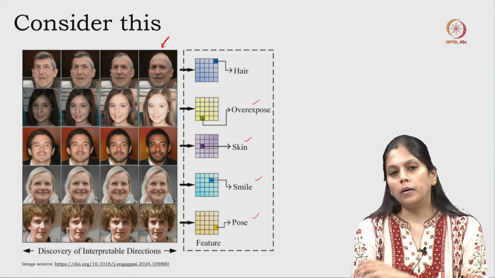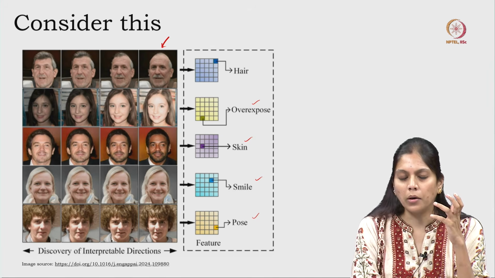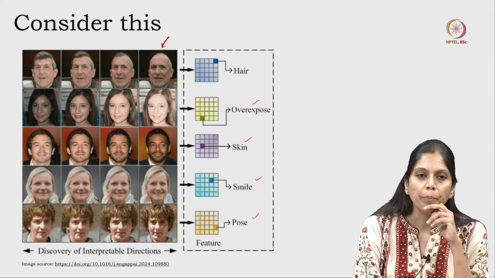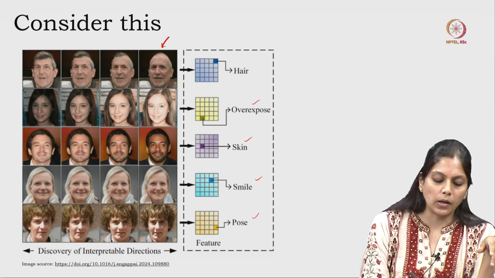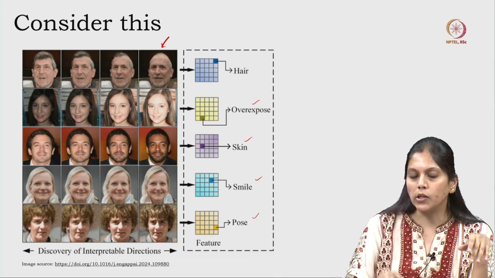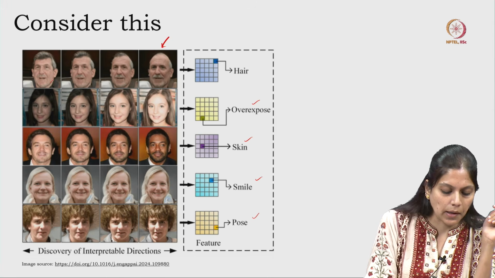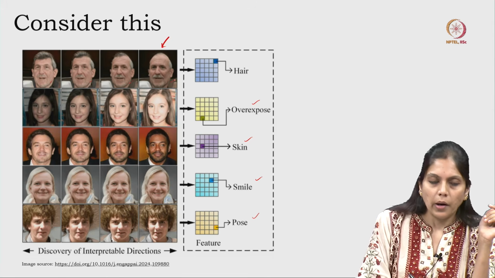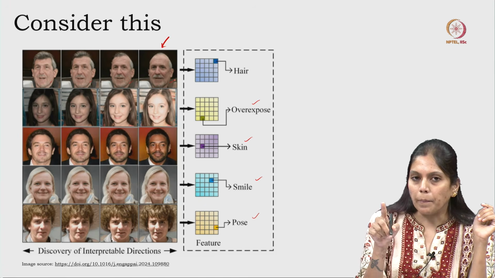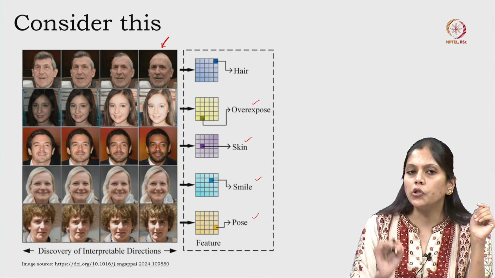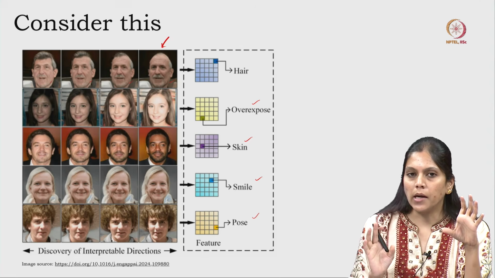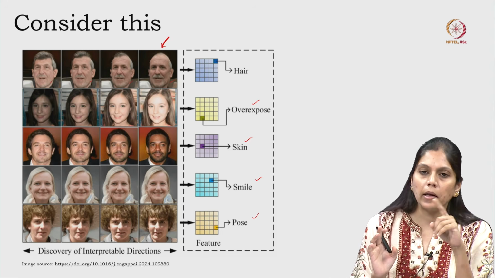Now, if you look into the first set of images, the person is the same, here the person is the same, here also the person is the same, but what has changed here? If something has changed, it is only the hair.